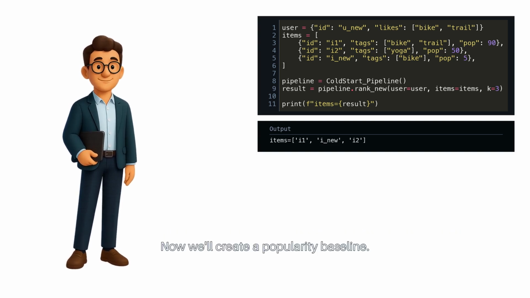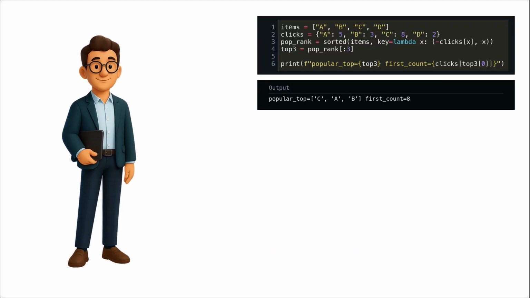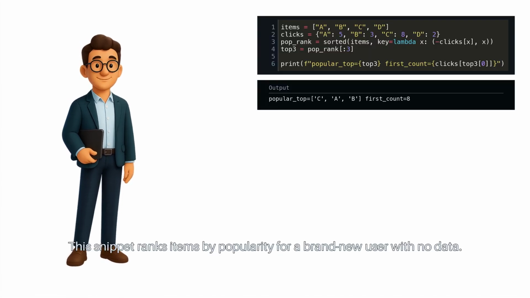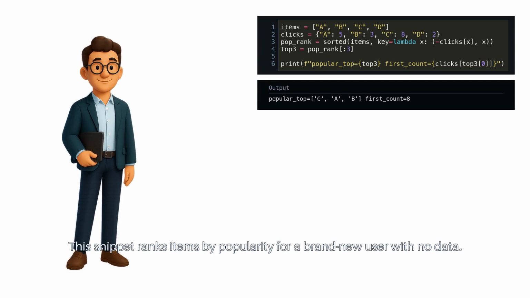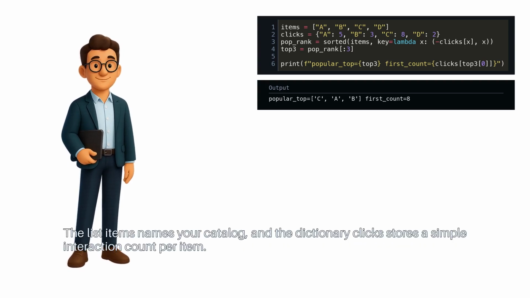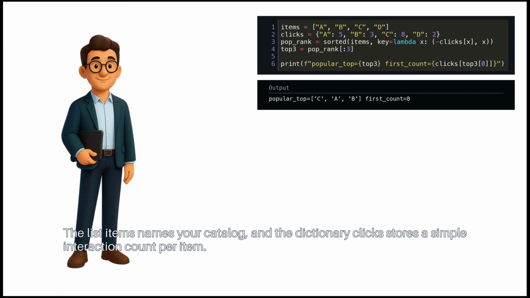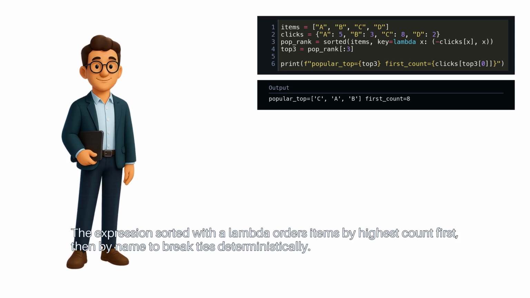Now, we'll create a popularity baseline. This snippet ranks items by popularity for a brand new user with no data. The list items names your catalog, and the dictionary clicks stores a simple interaction count per item. The expression sorted with a lambda orders items by highest count first, then by name to break ties deterministically.